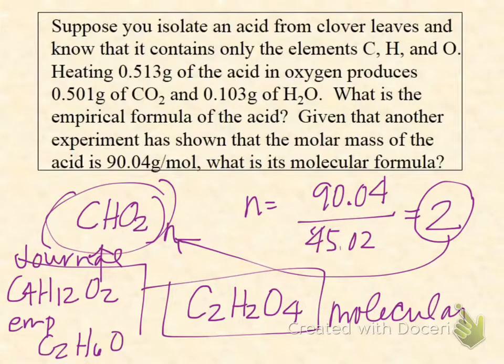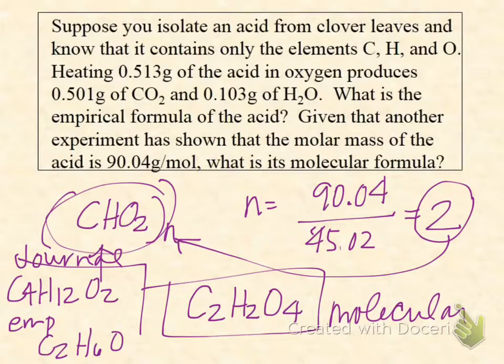Because we can't do oxygen the way we did carbon and hydrogen, because when you burn it, oxygen is going into both compounds. And also some of that oxygen came from burning it. So that's why we have to do it that way. And then you get the mass of the oxygen so that you can get it to moles. So then we can compare the mole ratios. Yeah, that's the way you do it with the combustion analysis.